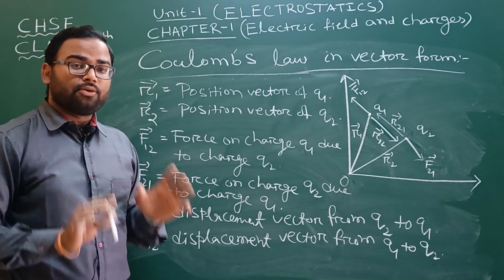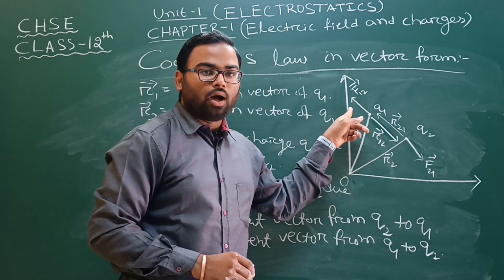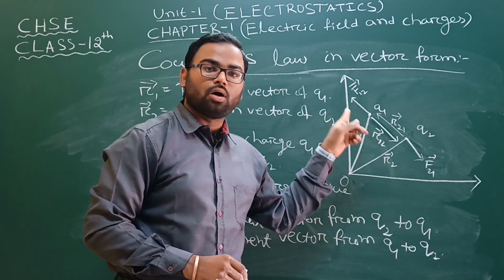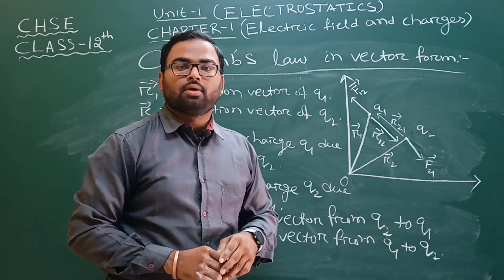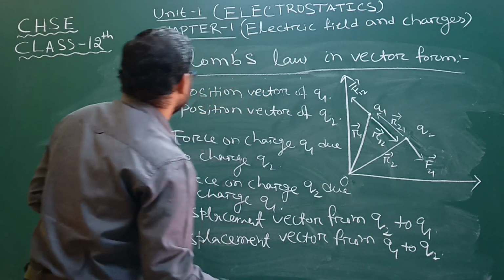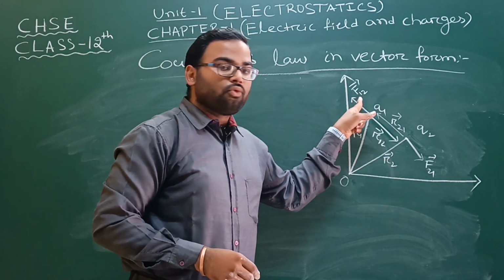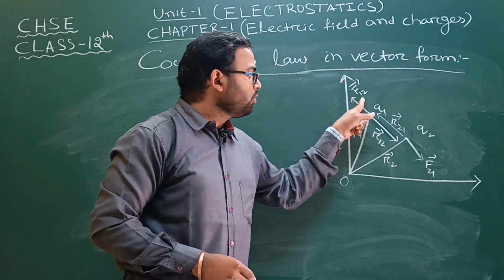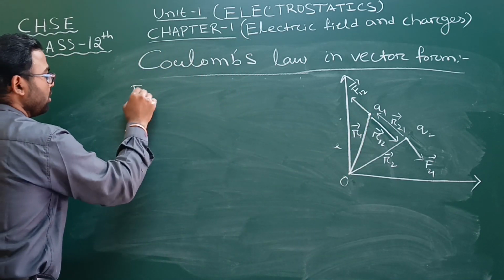Next we have to prove that these two forces are equal and opposite, equal in magnitude and opposite in direction. So let us prove this one. What will be the force F12? This is Coulomb's force, so we will apply Coulomb's law.